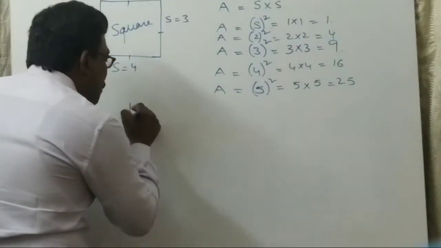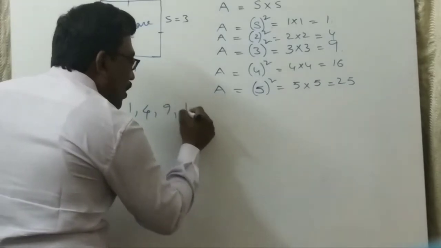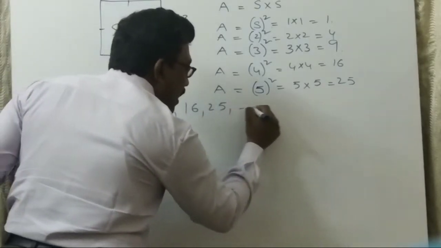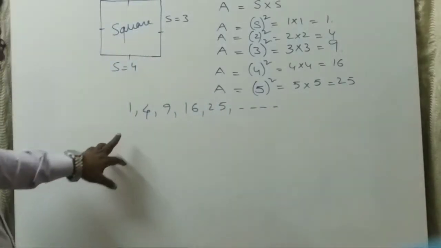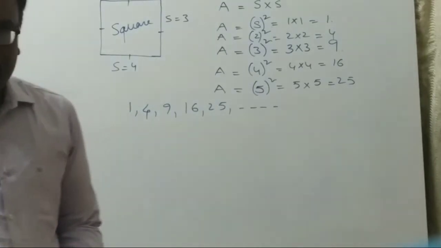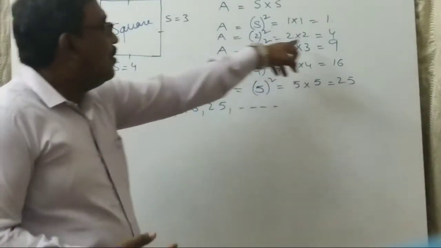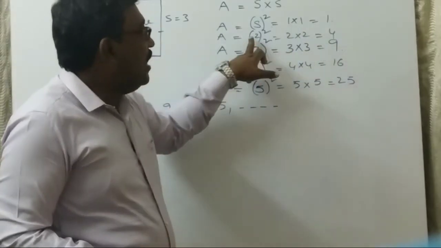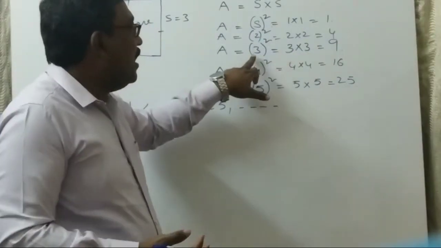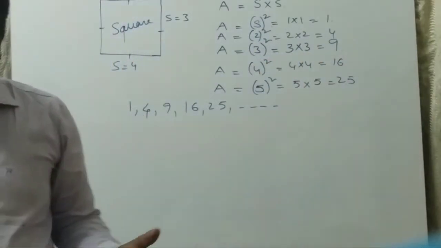Therefore, what numbers did we get? 1, 4, 9, 16, 25, and so on. They are all areas of squares. If the side is 1, 1 square unit. If the side is 2, 4 square units. The side is 3, 9 square units.